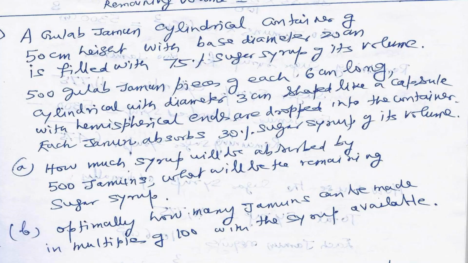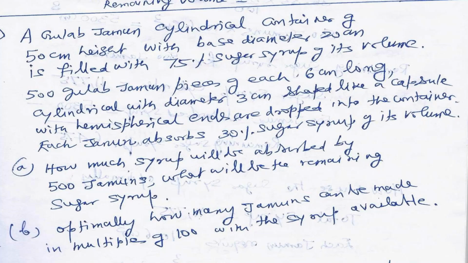The next problem is about the gulab jamun cylindrical container. It has a height of 50 centimeter with base diameter 20 centimeter and is filled with 75% sugar syrup of its volume. 500 gulab jamun pieces, each 6 centimeter long, cylindrical with 3 centimeter diameter, shaped like a capsule with hemispherical ends, are dropped into the container.